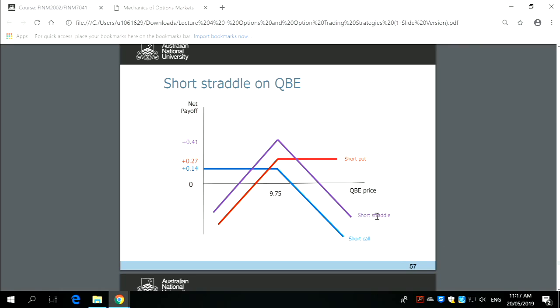When the share price becomes really, really low, you also lose a lot of money, because you're losing money from the short put and from the short call. And the danger is that there's no upper limit as to how much the underlying asset price can increase. In other words, you have unlimited downside risk with a short straddle.